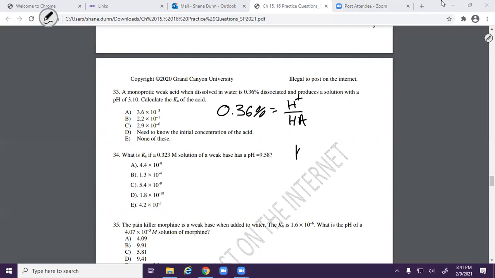And remember that Ka is equal to x squared over HA, and all x squared is just the concentration of your hydrogens, right? So guess what we have to do? We're gonna figure out one of these things. We have too many variables because we're trying to find this guy, right? Well, that's a variable. I got a variable here.